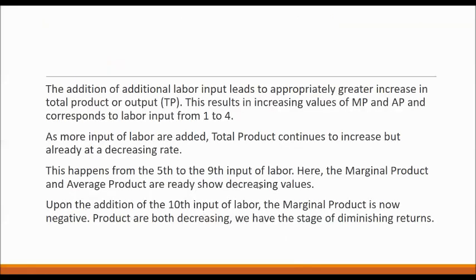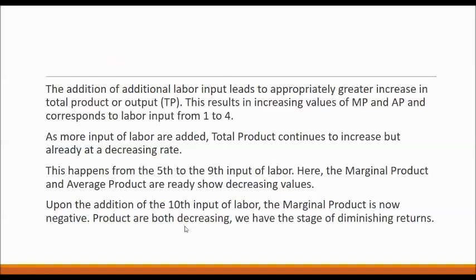So here the marginal product and the average product are also decreasing in values. Upon the addition of the 10th input of labor, the marginal product is now negative. The products are both decreasing. We have the stage of diminishing return.